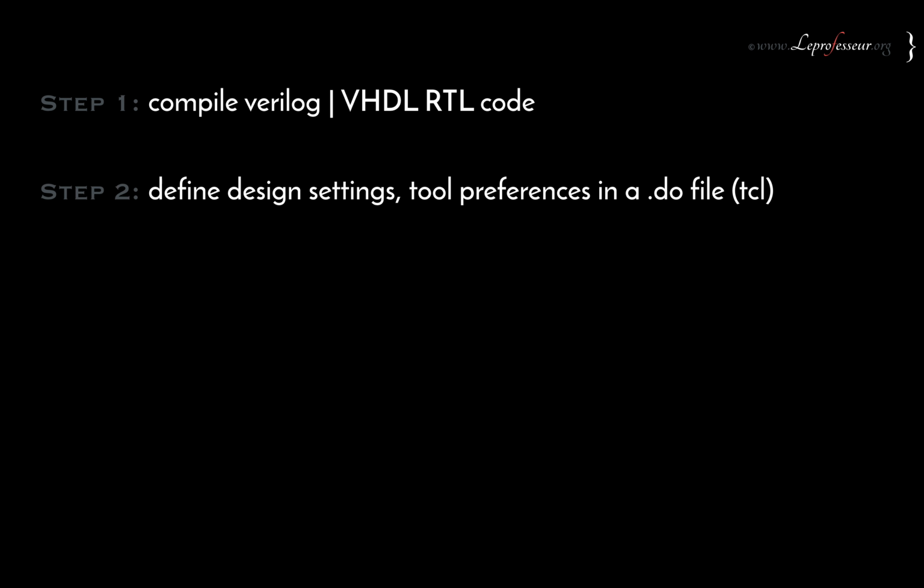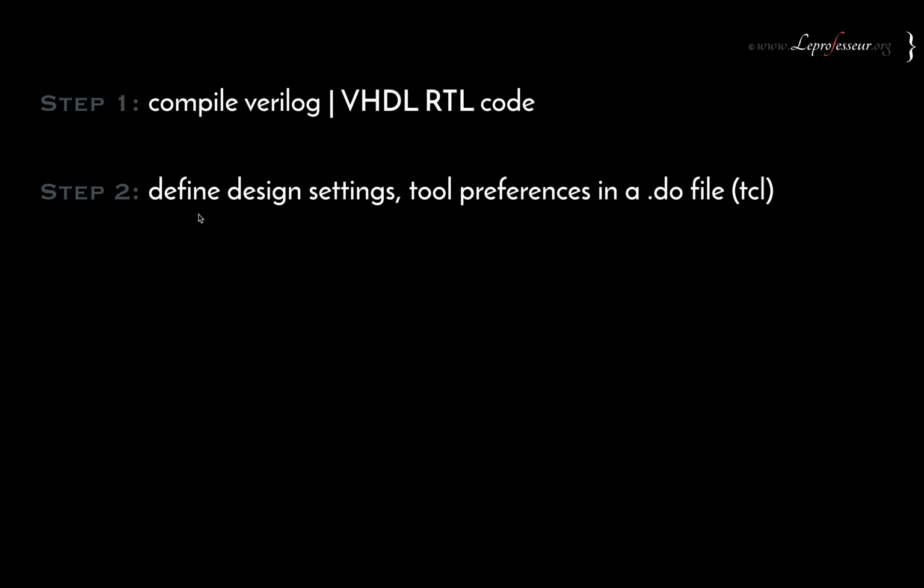Now, the first step when you have the working RTL, and this very first step for all Questa tools is very similar, is to compile the Verilog or VHDL RTL code. How can you compile? It's simple: vlog and then your Verilog file. The second step is the tool-specific settings.